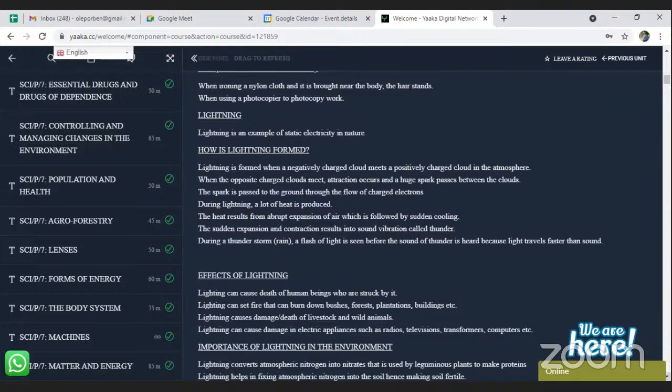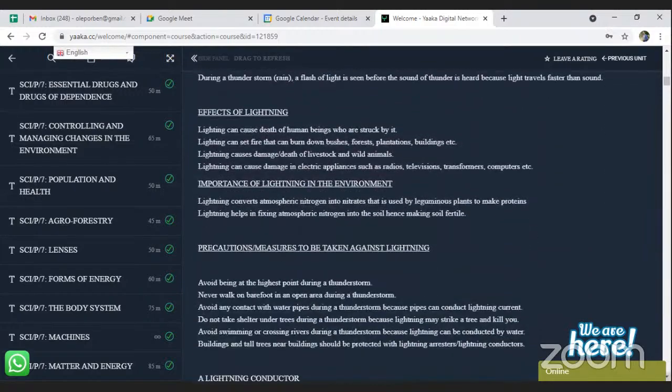Effects of lightning are here. Maybe you can go through them. What are the effects of lightning? Lightning can cause death of human beings who are struck by it. Lightning can set fire that can burn bushes, houses, plantations, buildings, etc. Lightning causes damage or death of livestock and wild animals.